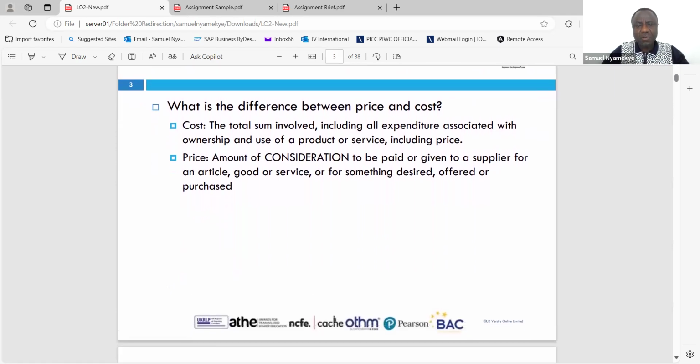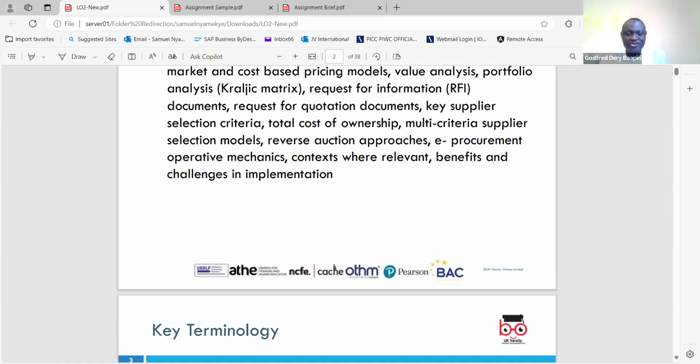But like I said, one of the main things that we'll be looking at is cost. We want to look at what is the difference between cost and price. I don't know whether, without looking at it, you had any idea what cost would have been.